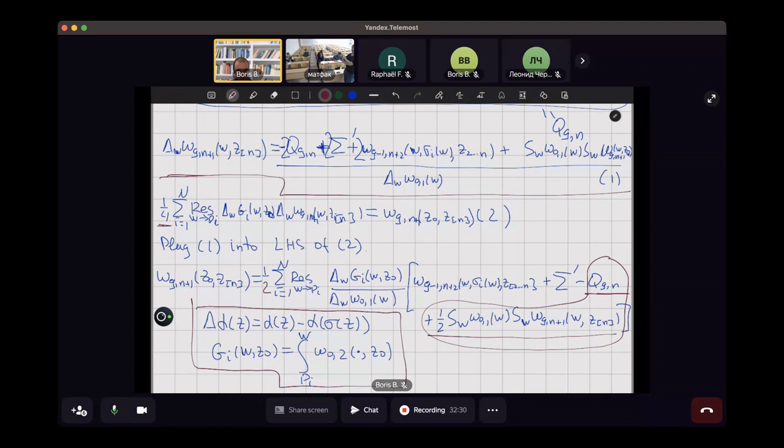It is dz0 times sigma I of W minus W, divided by z0 minus sigma I of W times z0 minus W. Something like this.